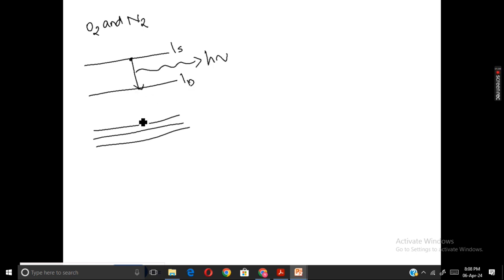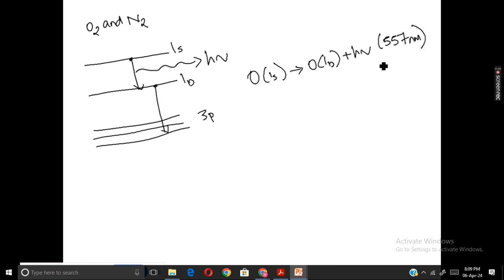There will be a change in the energy state of the electrons from 1S to 1D, 1D to 3P, if these are the different shells of the atom. So in case of oxygen moving from 1S to 1D, it basically emits radiation at 557 nanometer, which is basically the green line.